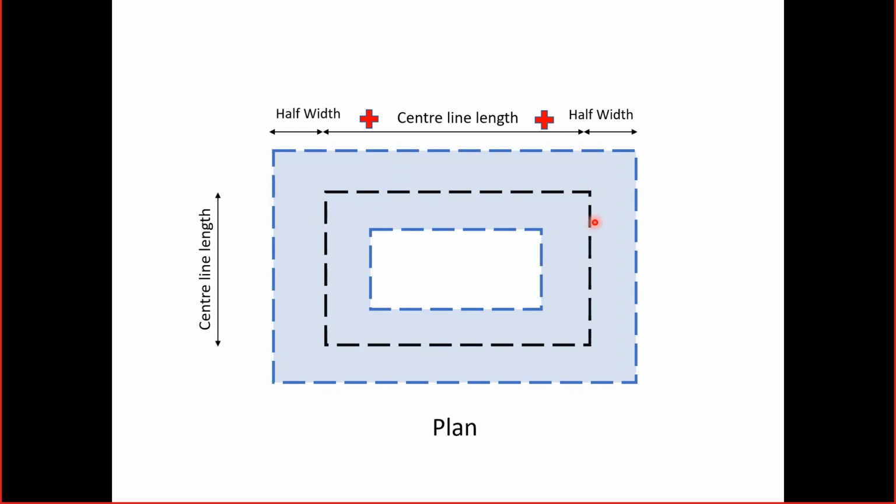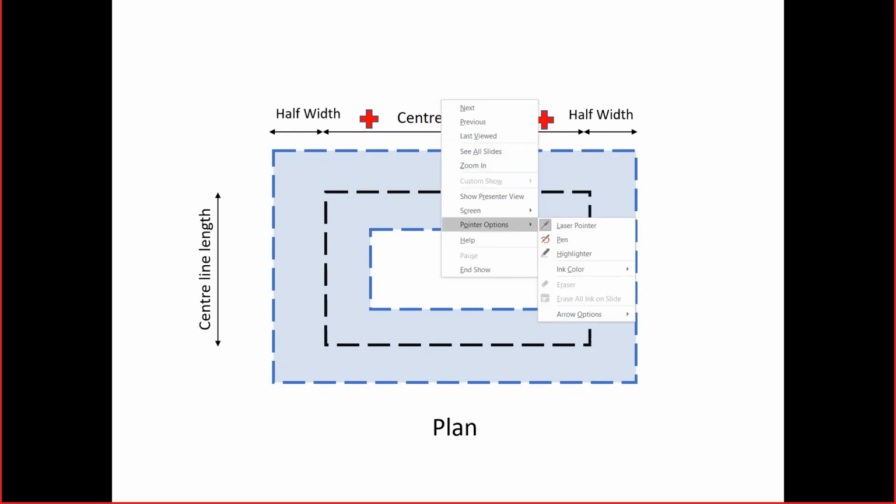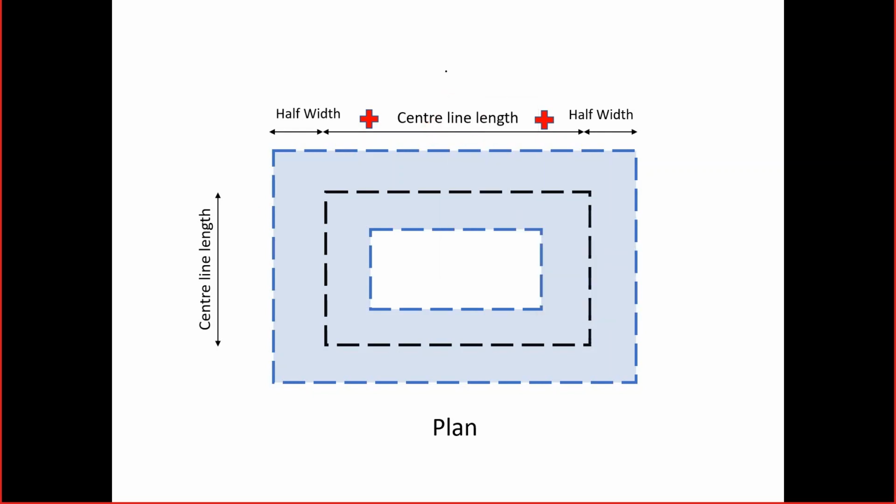So what is the overall length here? Center line length is 5 meters. Let us do everything in meters. 0.23 is the wall thickness, so half width is nothing but 0.23 by 2, and here also it is 0.23 by 2.